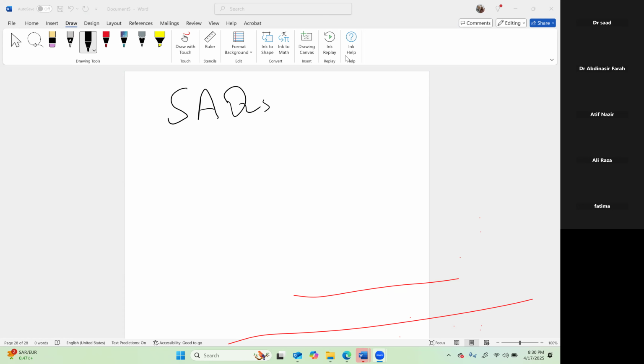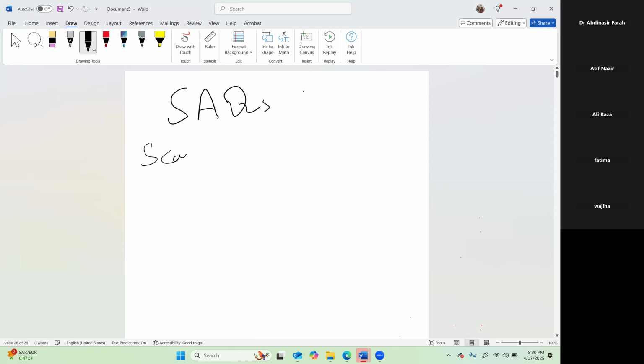Okay, thank you. Usually, whether it is a table viva or a long case, the basic purpose of creating a scenario-based question is that they will give you some data. In a long case, the data will have more than one problem. In a table viva, or short cases as some exams call them, there will be relatively fewer problems.